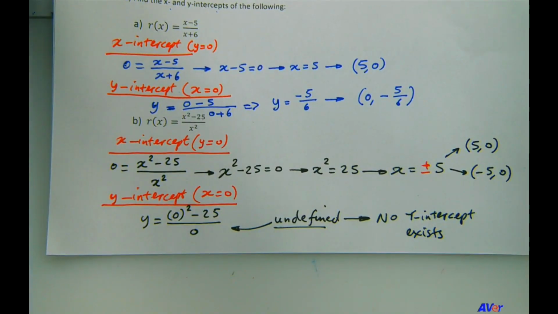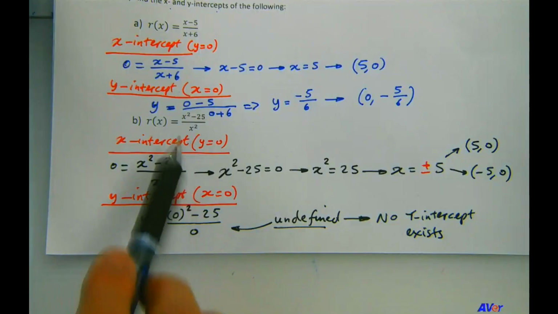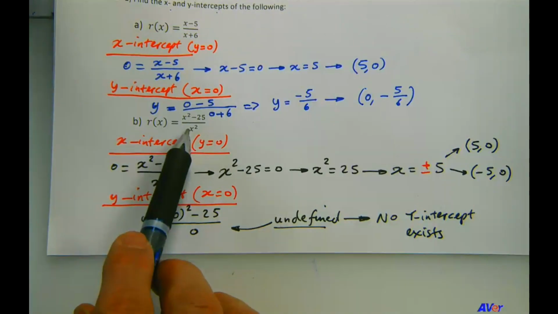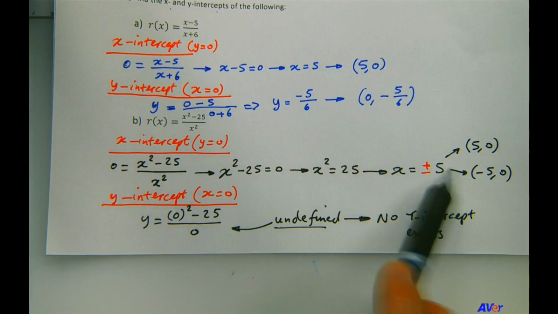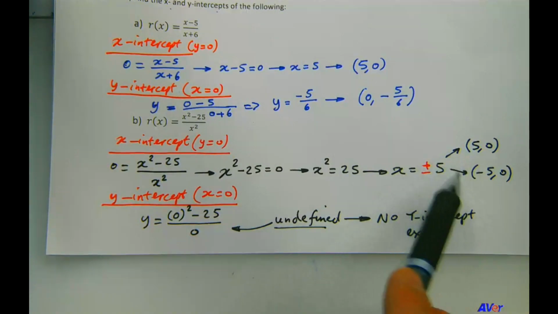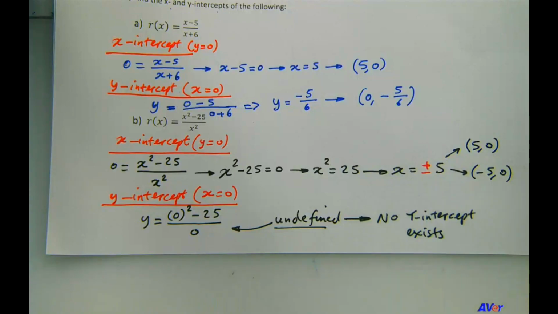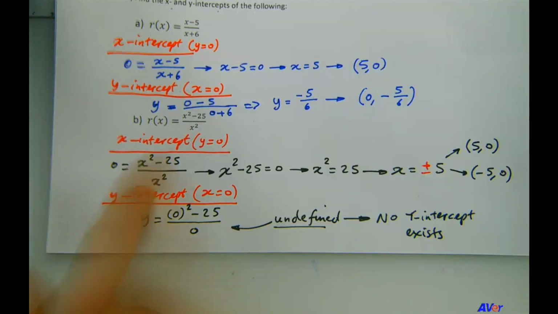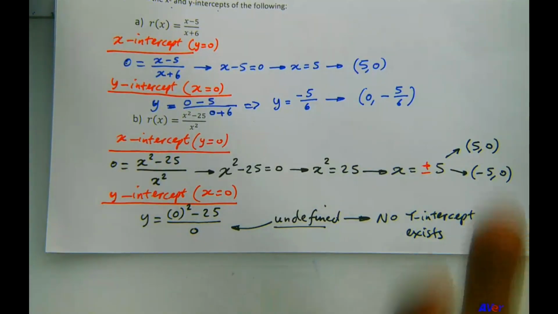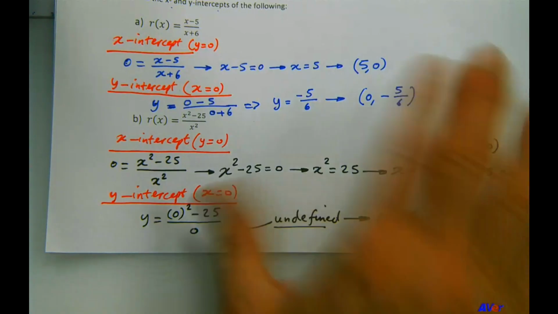Okay, so we're going to go back to the computer and plot this rational function, and at least look at the x-intercepts. You'll see it in a minute, but x equals 0 is going to be the vertical asymptote.